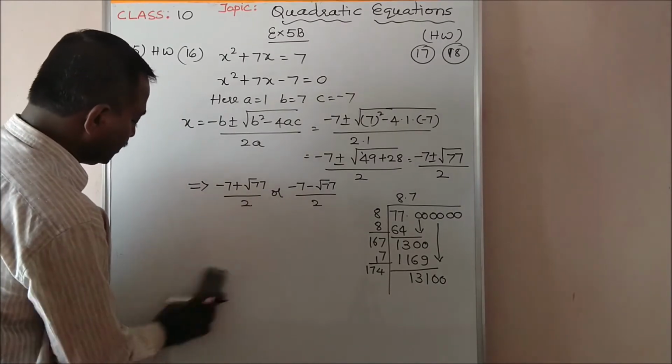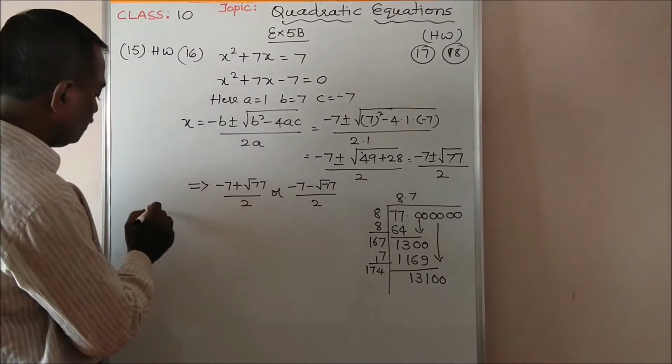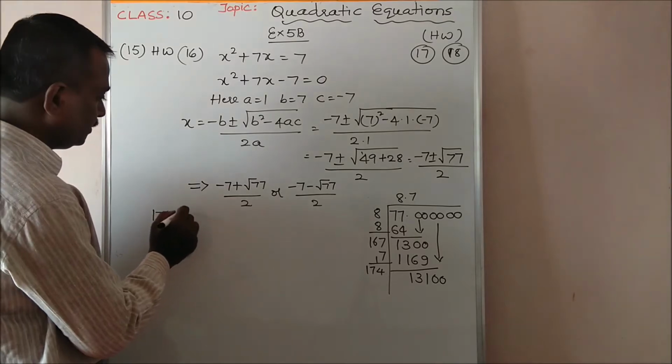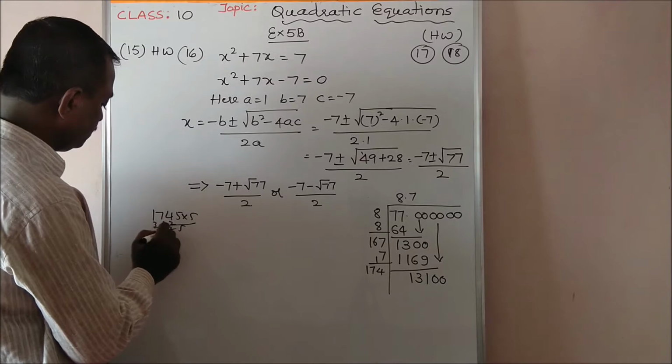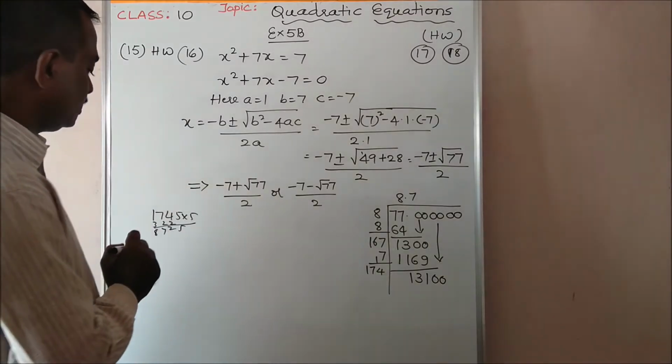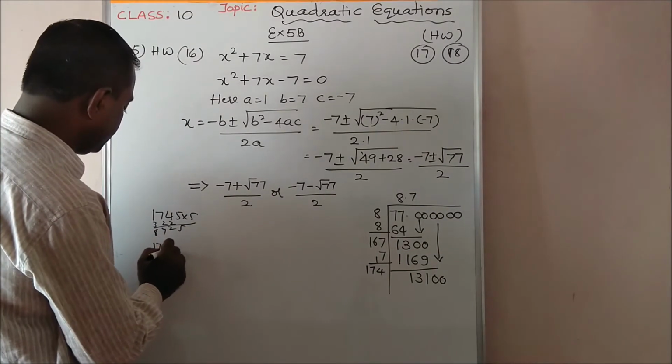Now again you have to check the table. 1745 into 5.